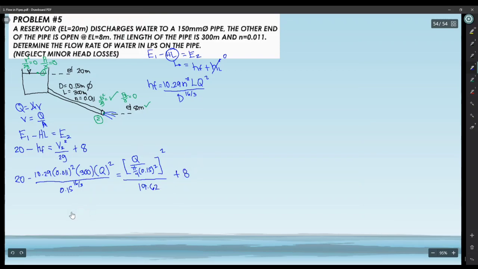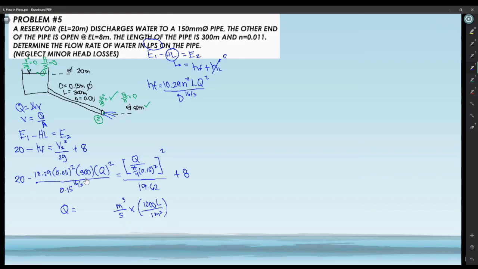Ayan. So I think we can now solve for the value of our flow rate. Since sa mga unit natin is in meter, so magiging unit natin is cubic meter per second. Pero don't forget, ang pinapahanap is in terms of liter per second. So I-convert ko na lang directly dito, times 1,000 liter again in 1 cubic meter. Ayan. So paipindot na lang sa calculator nito.